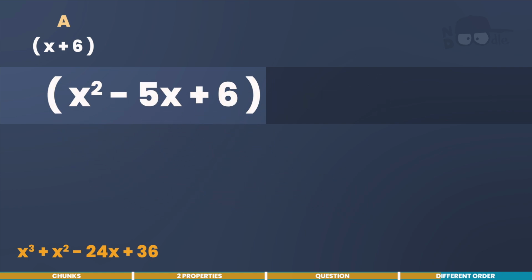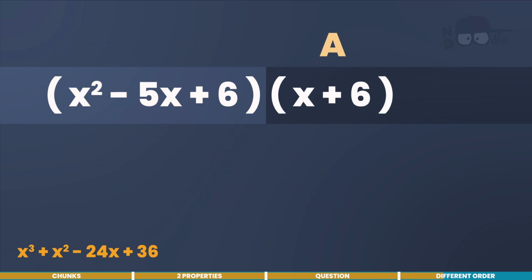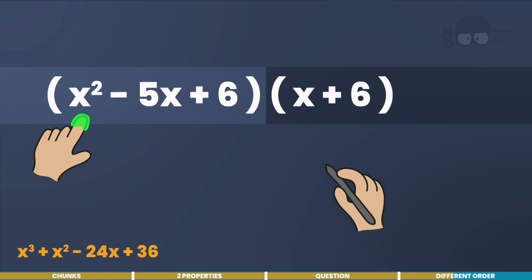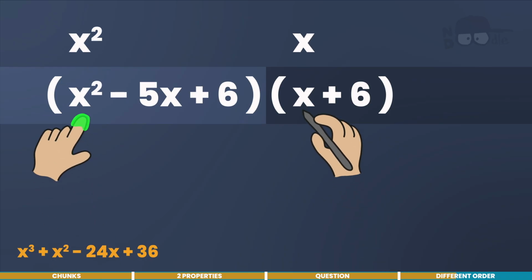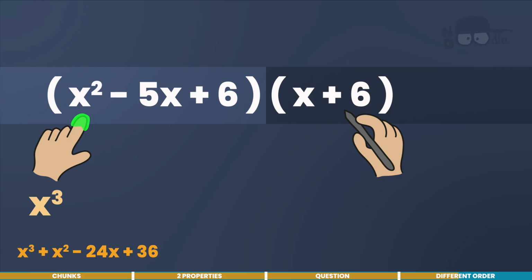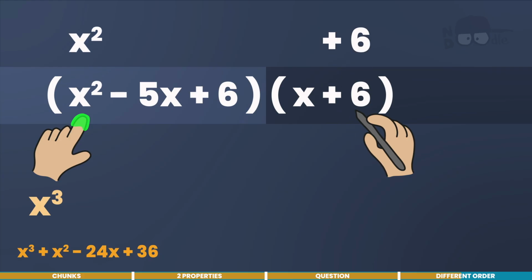I'll now multiply this by chunk a, and I won't bother moving the smaller bracket to the sticky side this time. Let's go through with our sticky finger on x squared. x squared times x is x cubed, and then x squared times plus 6 is plus 6x squared.